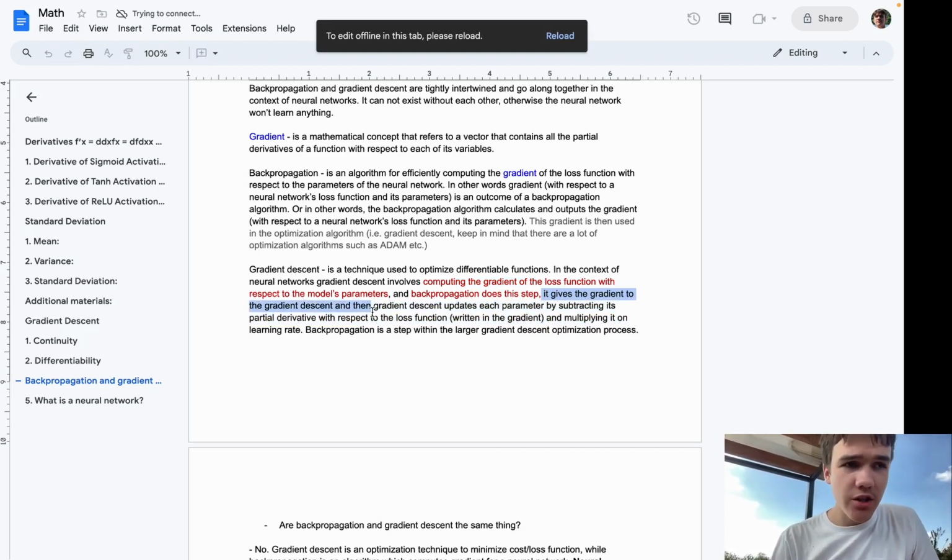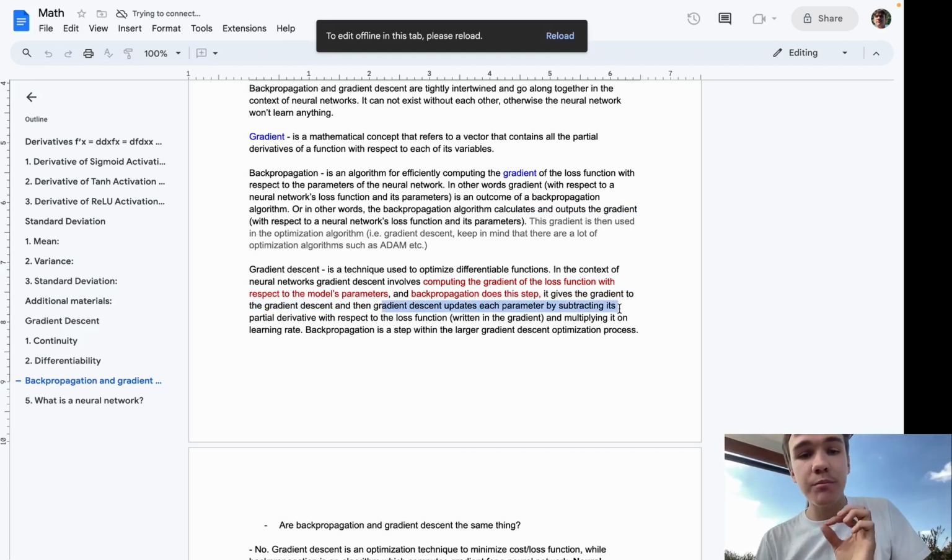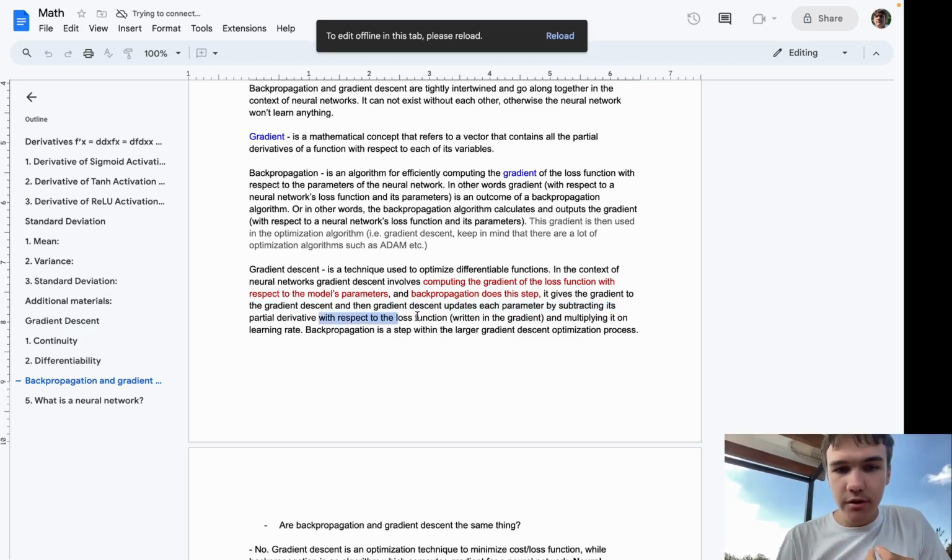So backpropagation, as we talked about before, calculates and outputs the gradient to the gradient descent optimization technique. And then gradient descent updates each parameter by subtracting its partial derivative with respect to the loss function.